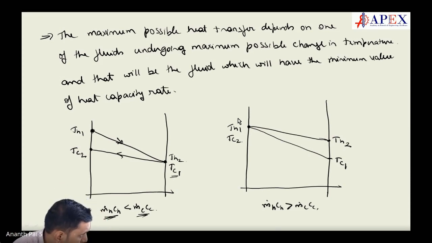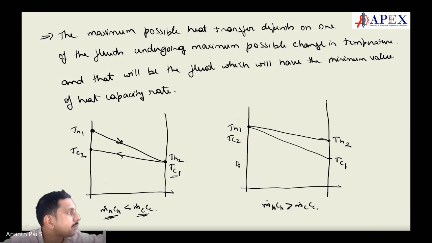Which is very difficult. Only if it is an infinitely big heat exchanger will this happen. Otherwise, there will always be a difference, is it not? So that is the maximum possible, to the limit.